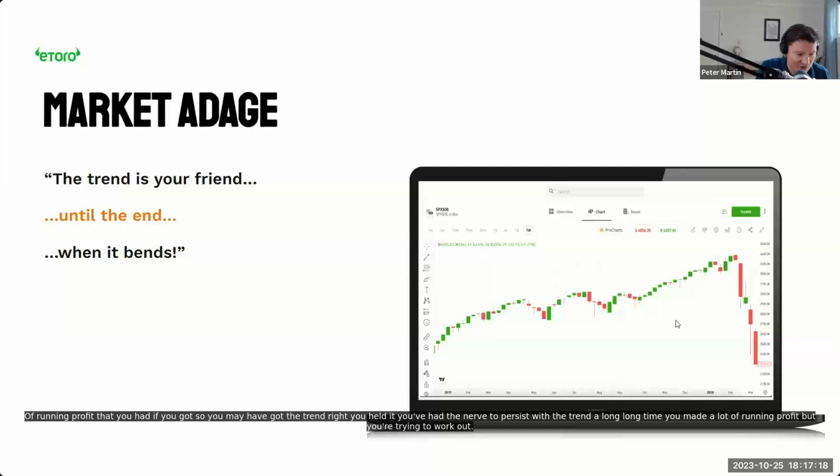So you may have got the trend right, you've held it, you've had the nerve to persist with the trend a long, long time, you made a lot of running profit, but you're trying to work out that the trend is over. The way you do that is to see it moving a substantial distance, enough that you understand the trend is over. And that involves the psychologically difficult thing of seeing some of your money disappear before you get out.